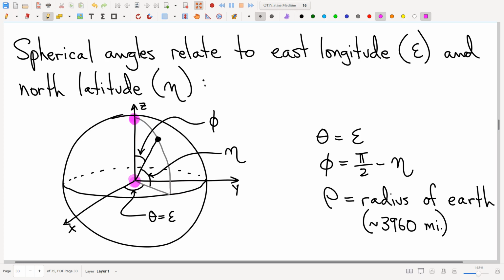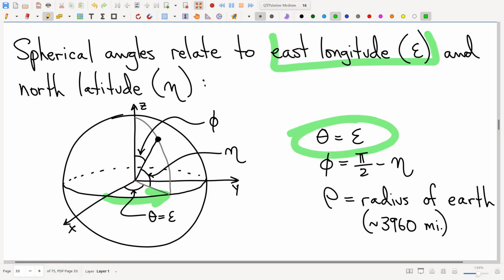Just to relate to longitude and latitude most conveniently, we're going to pick the prime meridian like that, specifically in the direction of the positive part of the x-axis. When you do that, what you notice is that theta is exactly east longitude.